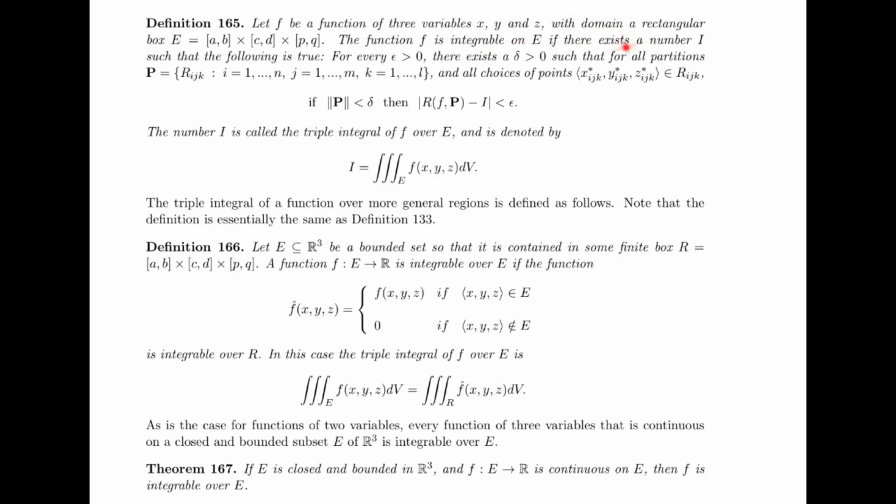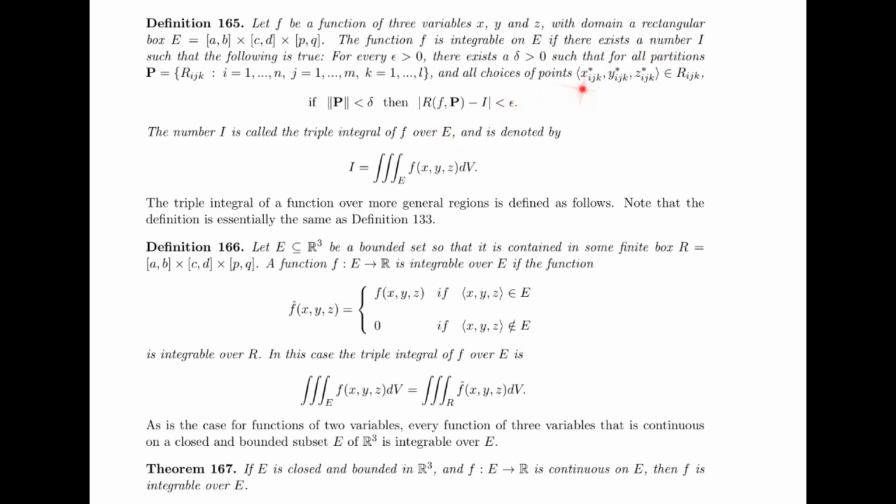Then we call the function integrable when, for every epsilon, no matter how small, I must be able to find a delta such that if my partition is small enough, meaning the norm of the partition is smaller than delta, then the Riemann sums approximate the integral arbitrarily well, up to the prescribed number epsilon given as before. So again, the definition is very similar to the 2D case.